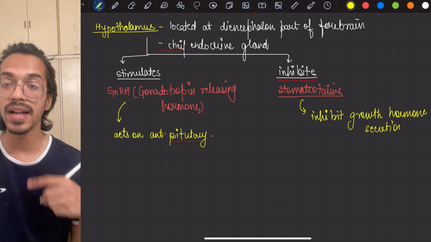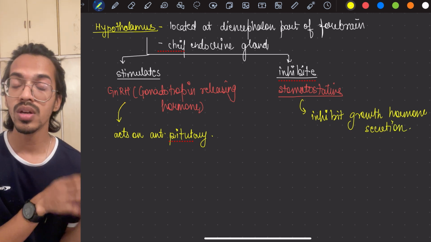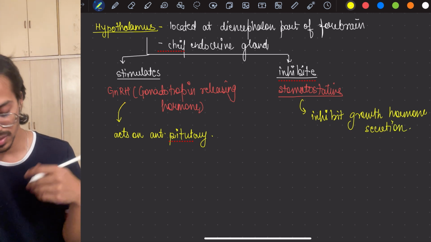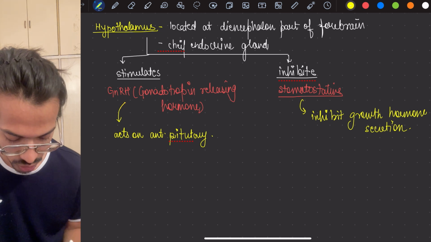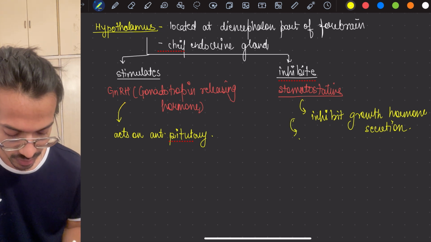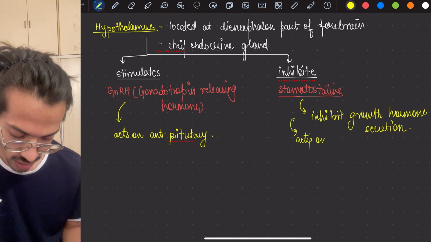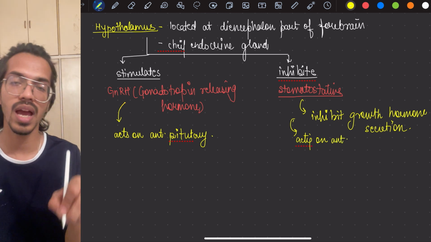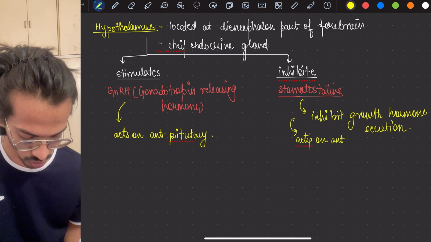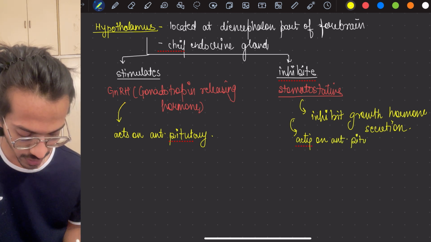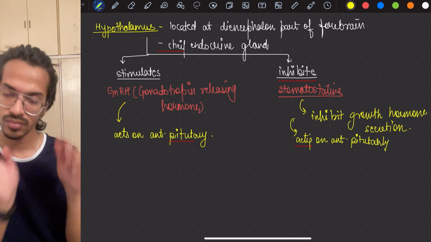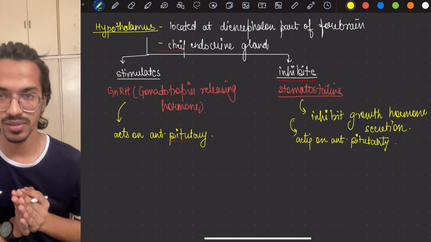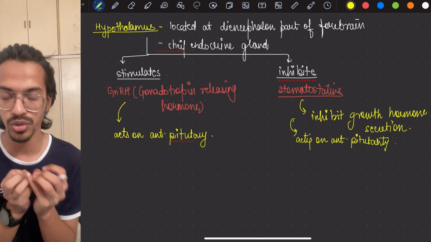So remember, the antagonist to growth hormone is what? Somatostatin. The somatostatin is also acting on the anterior pituitary only, because anterior pituitary has the growth hormones. So growth hormone function is being retarded over here. Hypothalamus is this. The basic crux, if I want to tell you.